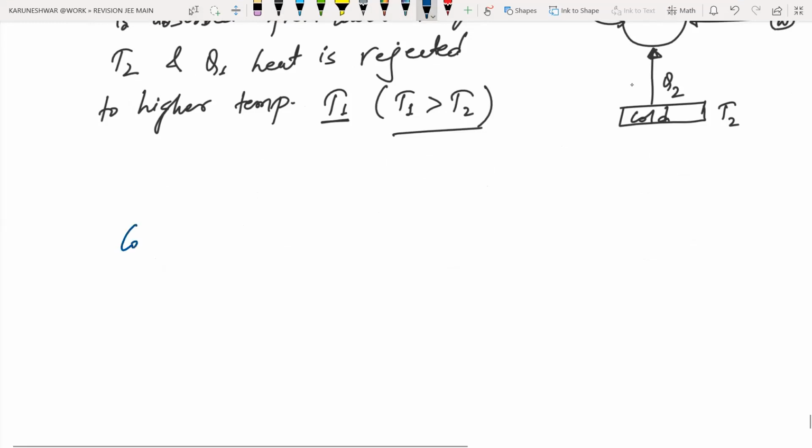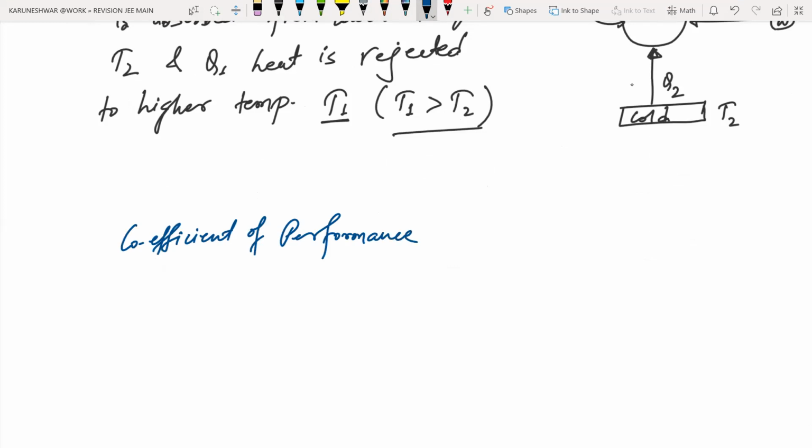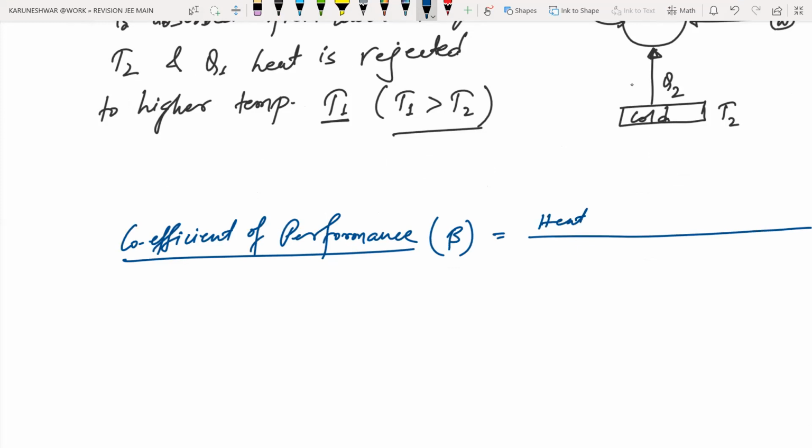So by definition, the coefficient of performance, represented by beta, is the heat extracted from the cold reservoir divided by the work done on the substance.